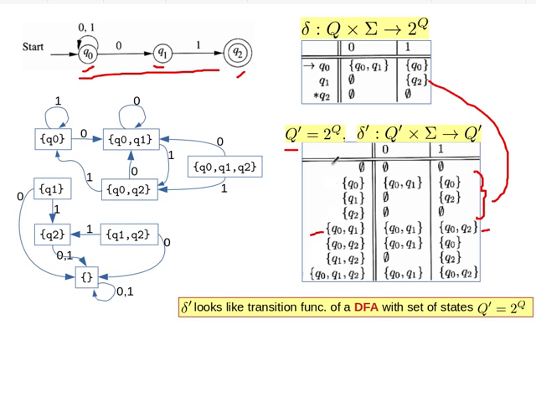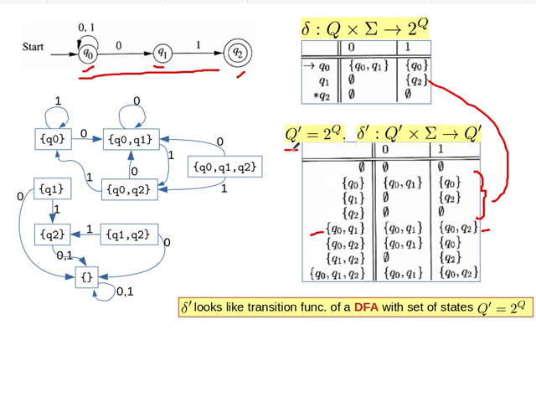We can express these transitions as this graph, right, again. So though each box is a set of states, we can treat them as some kind of single entity, right? So this looks like the states of some kind of DFA, and this is a DFA because this function is from Q prime to Q prime, right? And so if we take Q prime to be the set of states, what are the set of states?